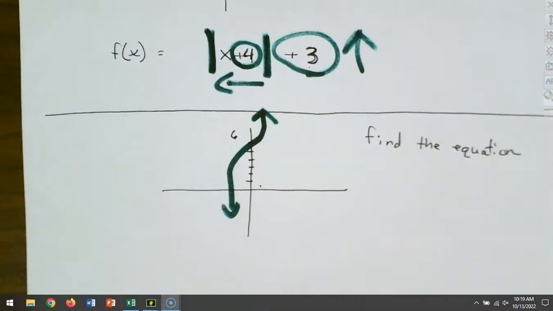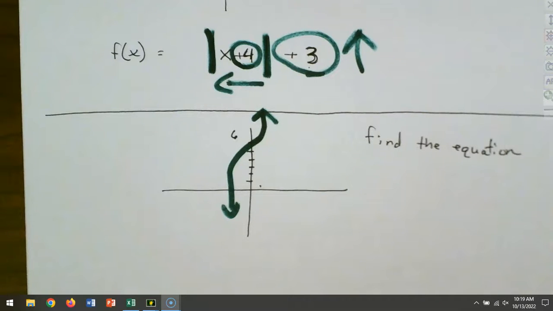Well, what does it look like? Can someone tell me what graph you think it is? What function? Does anyone know? You can look at the back cover of your textbook, or you can look back in the notes. We've done this one quite a bit.